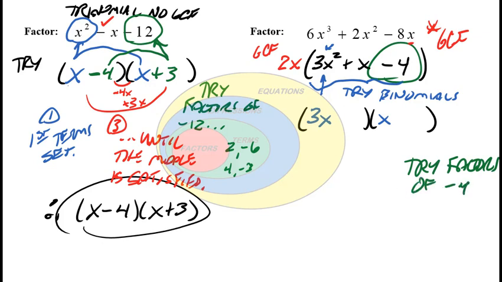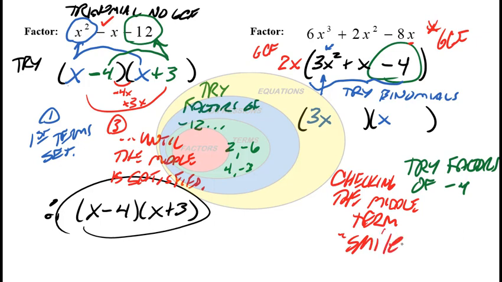Checking the middle term, right? Always checking the middle term, the smile. So factors of -4. We can't forget about the easy factors like 4 and -1, or -4 and +1.